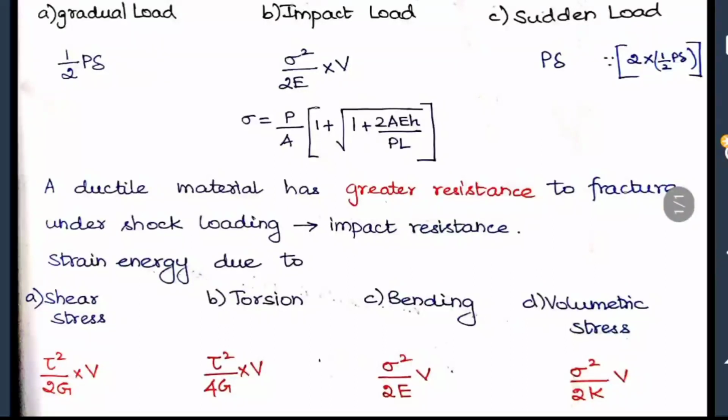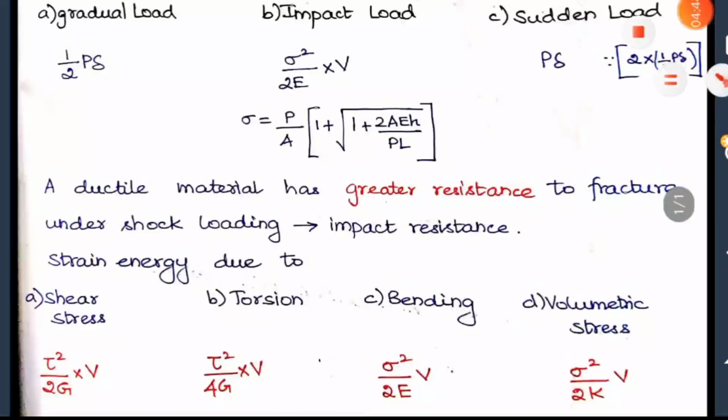Tau we know is shear stress, G we know as rigidity modulus, and then volume. When torsion is applied, it becomes tau square, that is torsional shear stress here, by 4G into volume. Bending is the same thing, sigma square by 2E into volume, which we saw in the first one. And if it is volumetric stress, it is sigma square by 2K into volume.